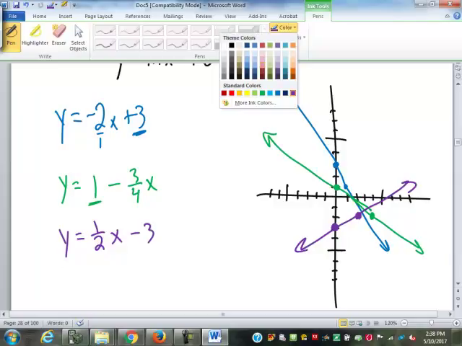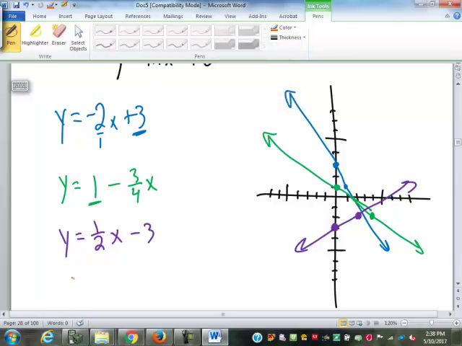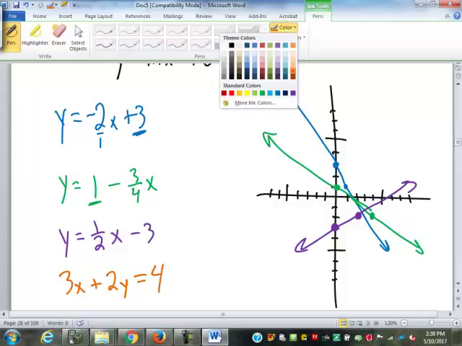It is possible to get one like this. And to graph this, we would have to solve it first. What would be the first step to solving this equation for y?